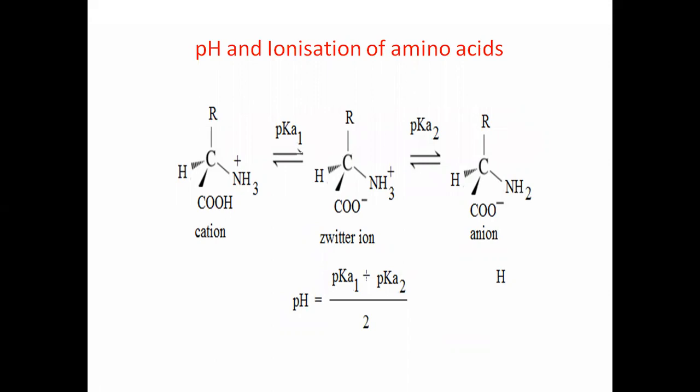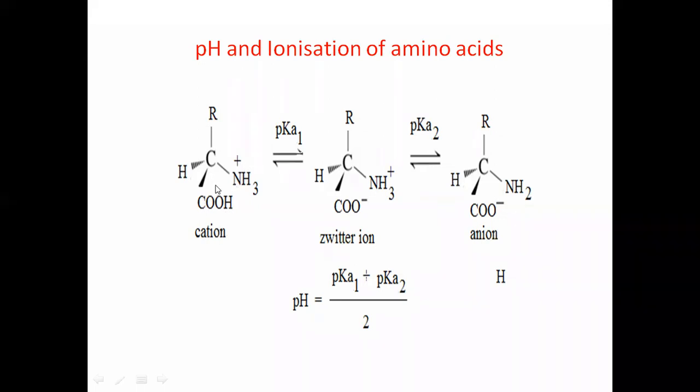Look here, what is an amino acid? An amino acid is a system containing both an amino group and an acid group. The acid group is ionizable. The amine group is also ionizable.